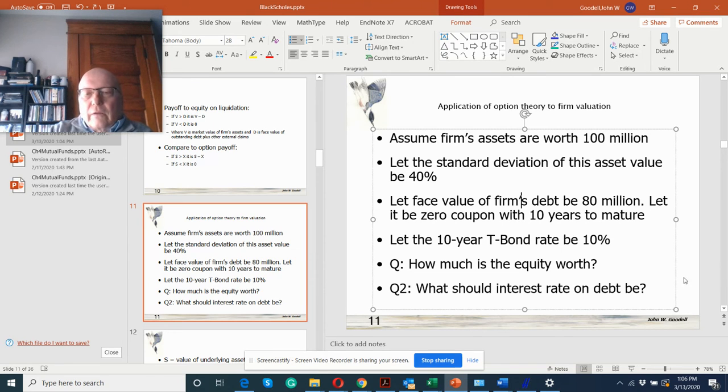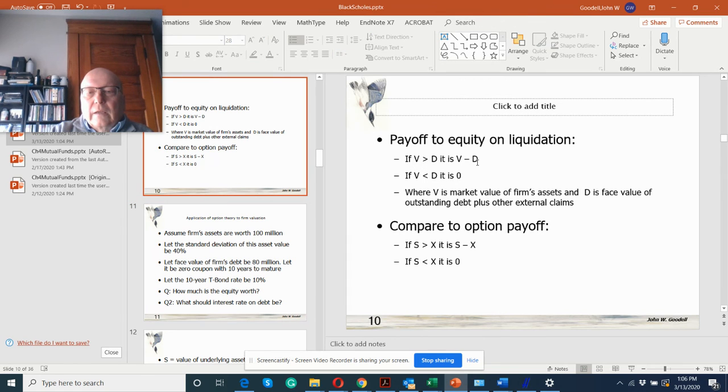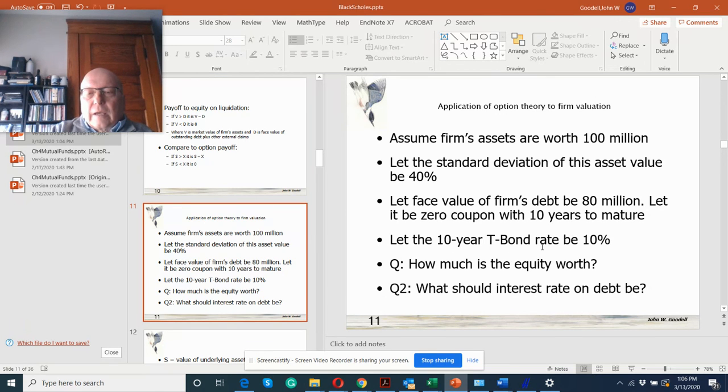But the face value of the firm's debt is 80 million. That's going to be our exercise price, if you recall. The exercise price is the face value of the debt. Something else is happening here, though. The debt has 10 years to mature.